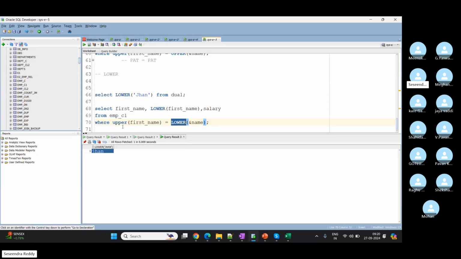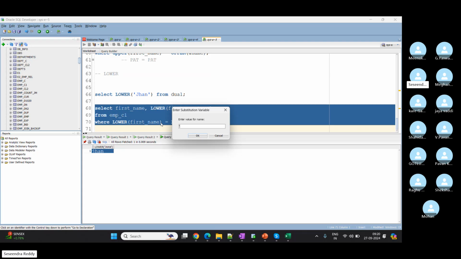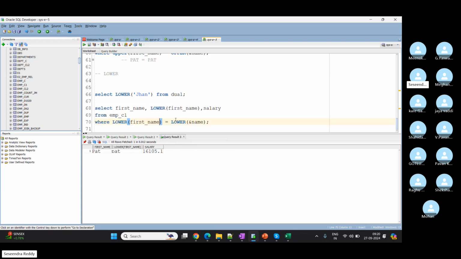So both sides should be in the same case, lower or upper, then only it will be in sync. While passing the input I can pass it in uppercase, but while comparing it will convert to lowercase and it will display the data. It is in a matching state.